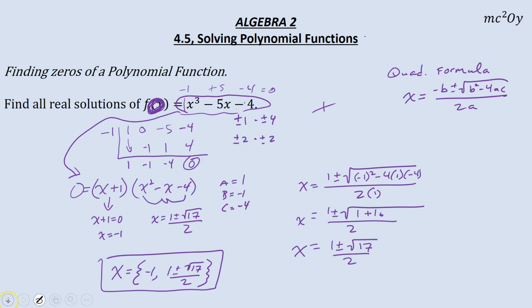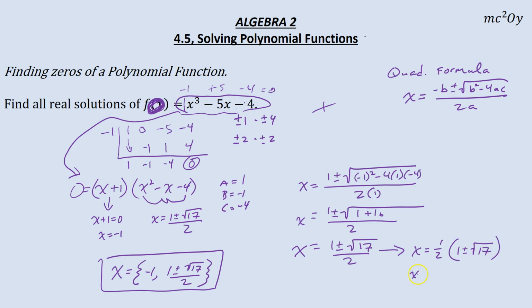So if I went back to that previous problem, notice right here we could actually write this as x equals 1/2, so that's divided by 2, times 1 plus minus root 17. So here's our a plus our root b.